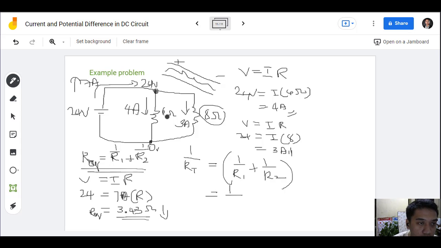So, yun dito yung resistance natin is 6. This will be, di-divide natin both side by negative 1 pala. Yan. Plus 1 over 8, negative 1. So, pag dinivide natin 1 over 6, inadd natin by 1 over 8, then na-raise natin by negative 1, the answer is also the same, 3.43 ohms.